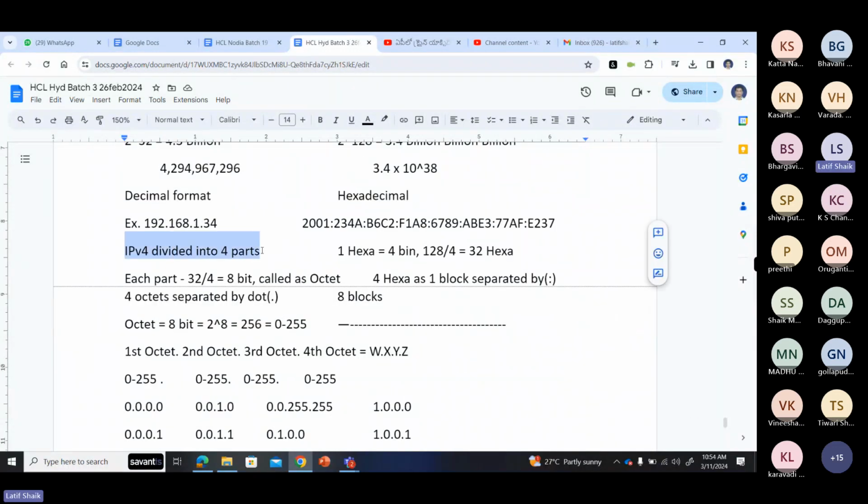IPv4 is divided into four parts, so 32 divided by 4 is 8 bits, called an octet.